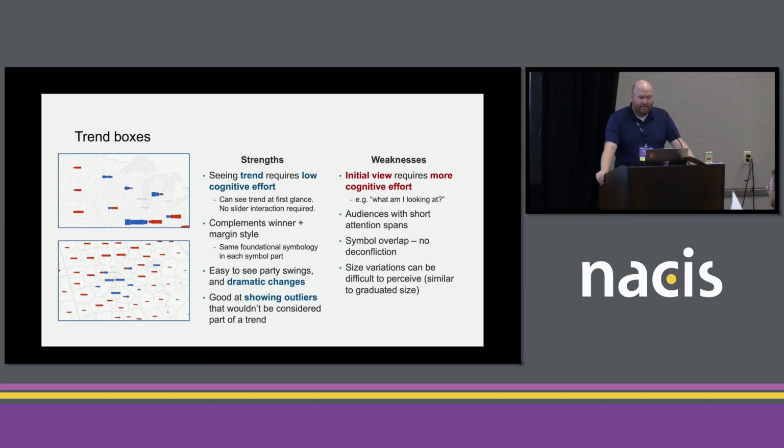But once you figure it out, it is a lot of fun to explore and look at the different patterns you see at various parts of the country. I still open this up and explore parts of the country I am unfamiliar with and their voting patterns, and I'm always learning something new. It's easy to see the dramatic changes, and it's also really good at showing outliers, such as Arizona, Indiana, Georgia in previous elections.